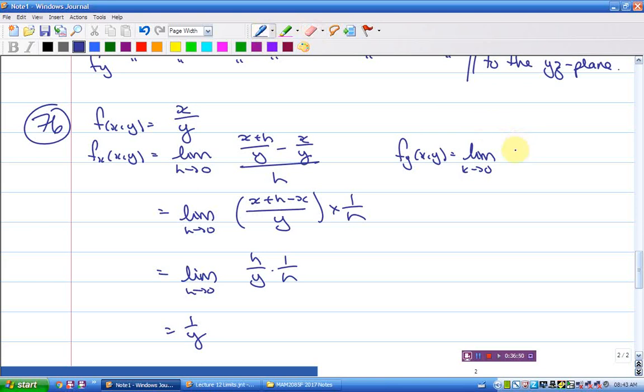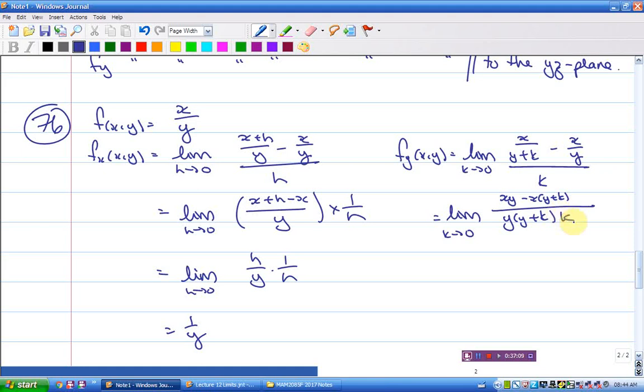Let's have a look. What is it? It would be x over y plus k minus x over y, all over k. I'm going to smoosh those two fractions together into one fraction. So that's xy minus x times y plus k, and there's a k at the bottom as well.